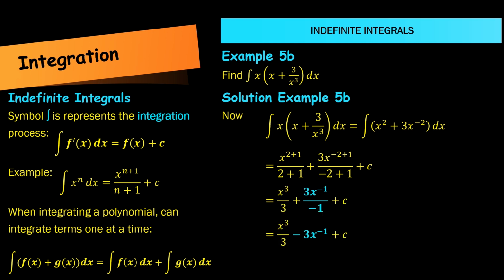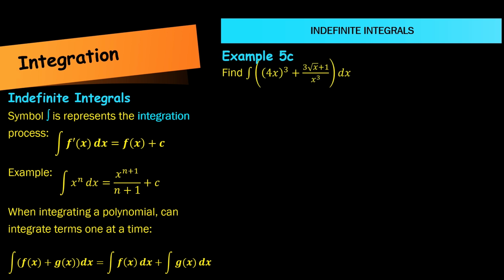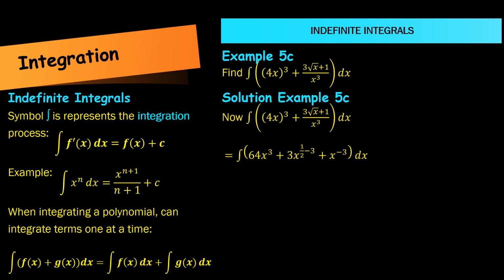And now for example 5c. 4x to the power 3 becomes 64x cubed. Splitting up the fraction, we have 3x to the half minus 3 plus x to the minus 3 dx.